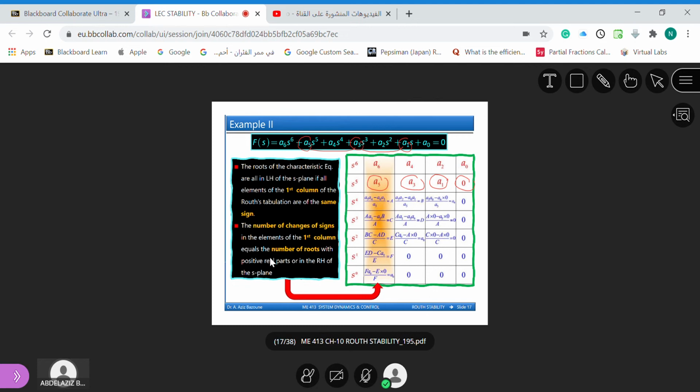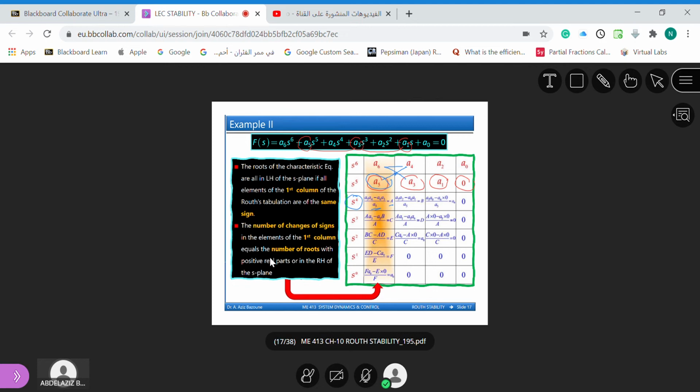Now here, how to form this guy, s to the power 4. This one will be A5 times A4, this times this, minus A6 times A3, over A5. I will call it A. I finished with this one. I will go to the next one, this one.